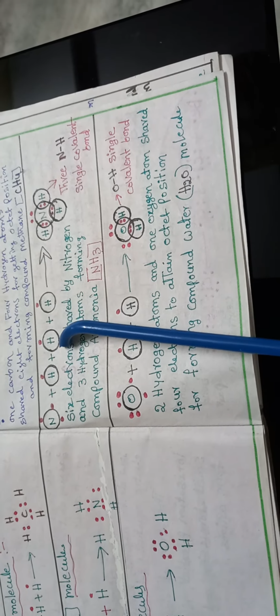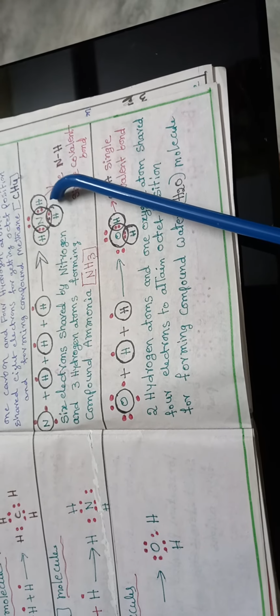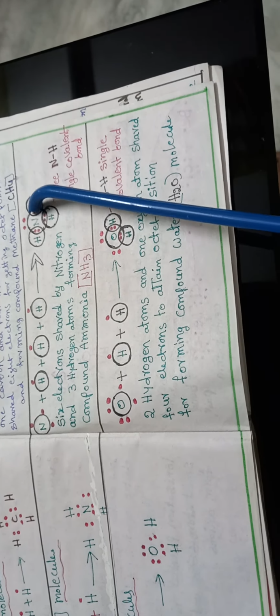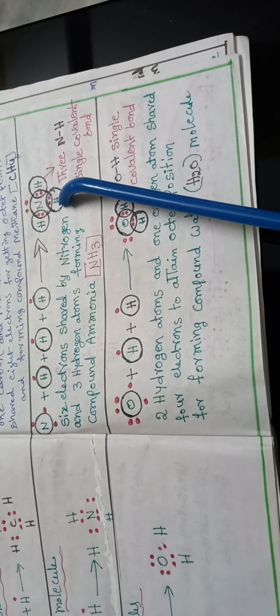Nitrogen atom is 1 with valency electrons 3, and hydrogen atoms are 3, each hydrogen has 1 valency electron. Around the nitrogen atom 3 hydrogen atoms are there, and nitrogen valence electrons 3 and hydrogen valence electrons 3 come between nitrogen and hydrogen, and 6 electrons are shared by nitrogen and 3 hydrogen atoms forming compound ammonia.